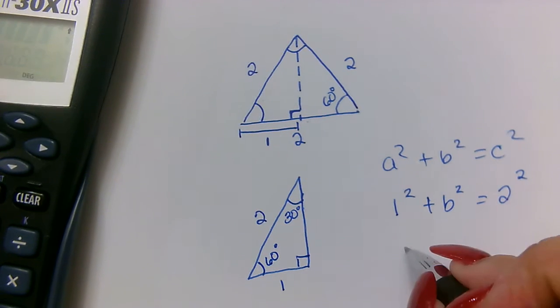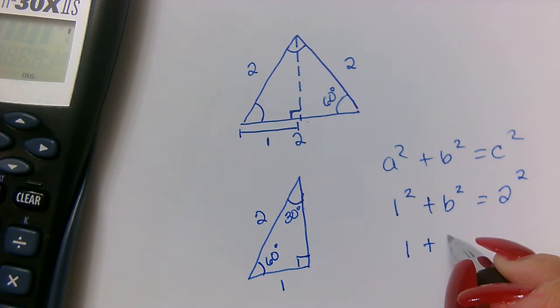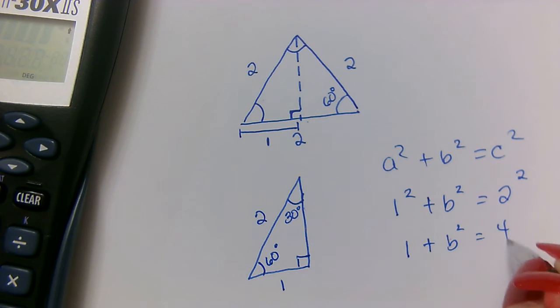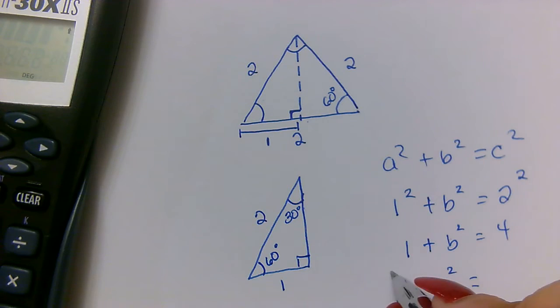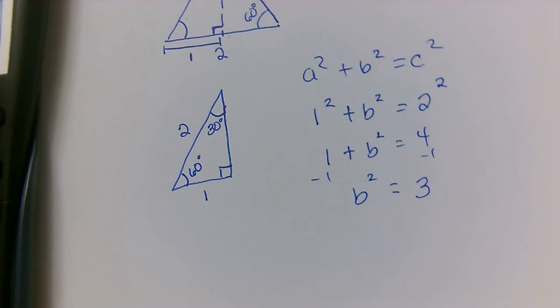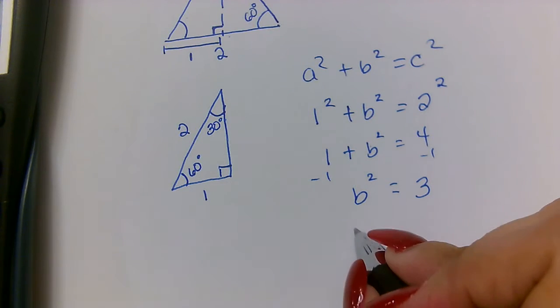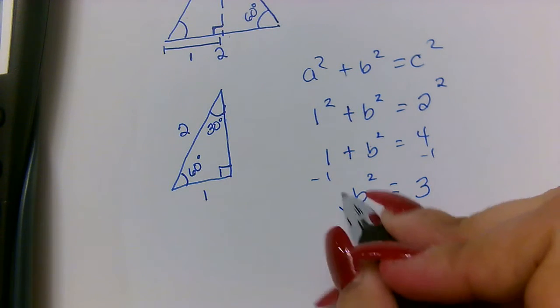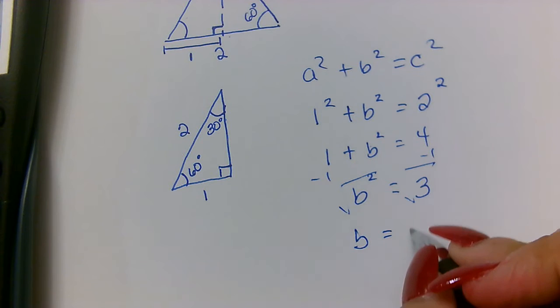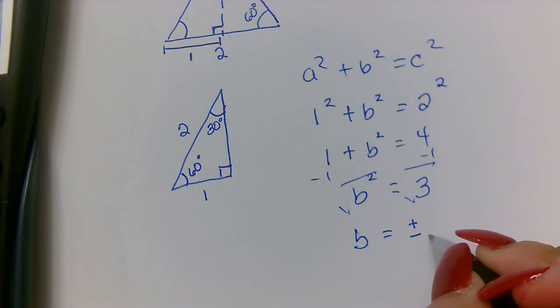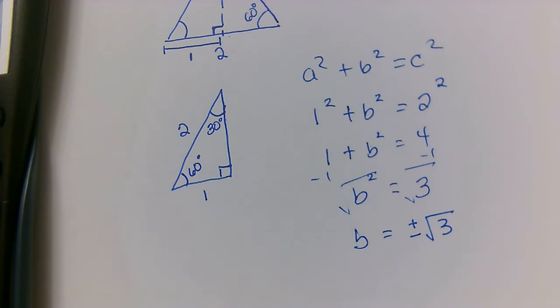Let's keep going. 1 plus b squared equals 4. So b squared is going to equal 3, minus 1 on both sides. But it's squared and we just want b. So if you take the square root of both sides, hopefully you remember that b is going to be plus or minus the square root of 3.